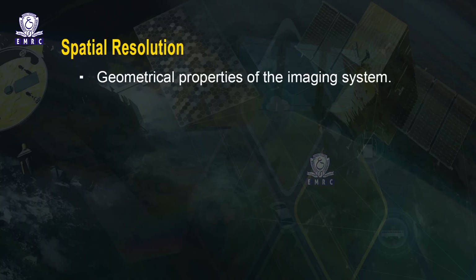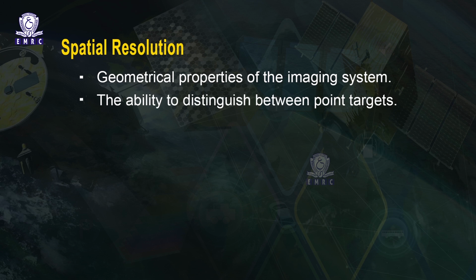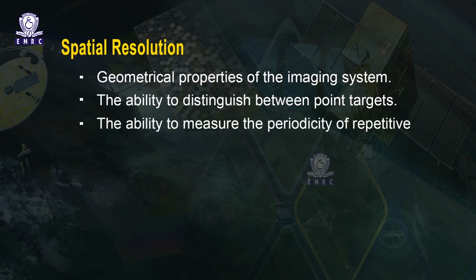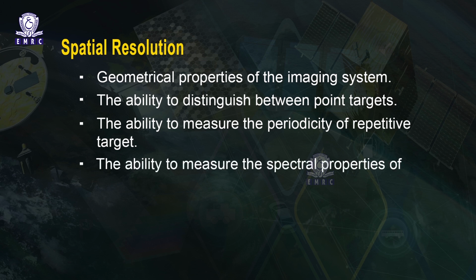The definition of spatial resolution can depend on four criteria: geometrical properties of the imaging system, the ability to distinguish between point targets, the ability to measure the periodicity of repetitive targets, and the ability to measure the spectral properties of small targets.